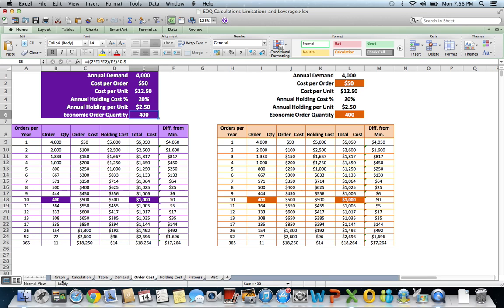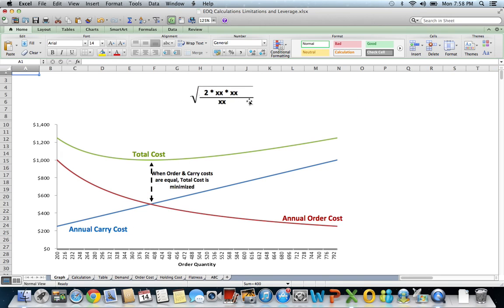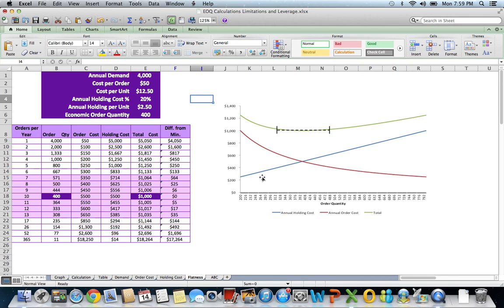When you see a graph and a square root and all this stuff, it looks like this has to be the right number. However, if we look, what we really see is that when you take these two lines and you take the sum of them, this point here might be the minimum, but the difference to the left or to the right isn't that great. Look at the difference from perfection here.